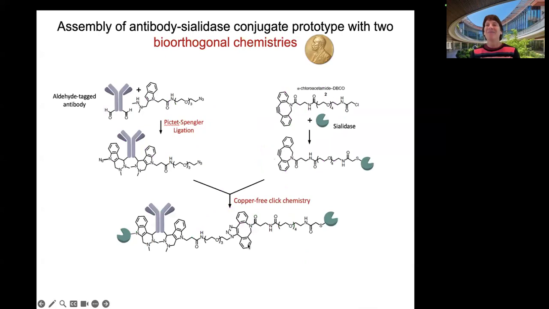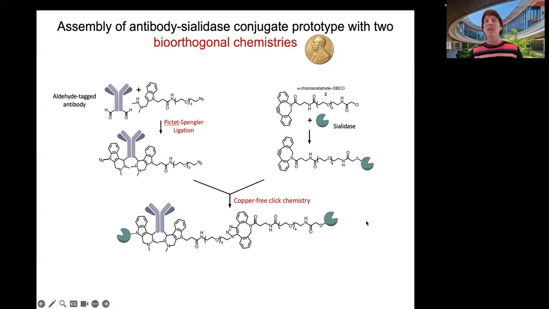By the way, as was introduced, I was recognized with the Nobel Prize in chemistry back in 2022. And that prize actually was not to do with the biology of sugars at all. It actually had to do with a chemistry that we invented, which has the technical term bioorthogonal chemistry.